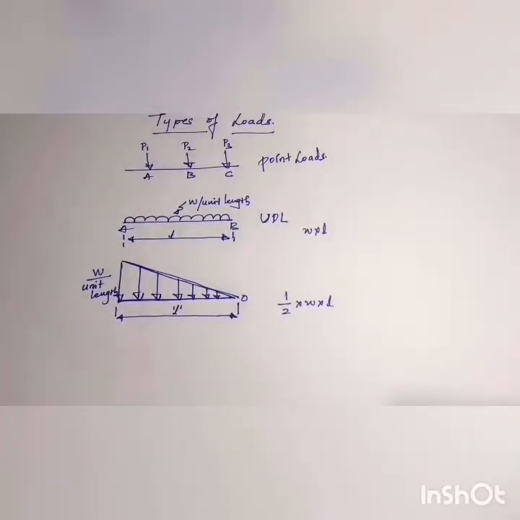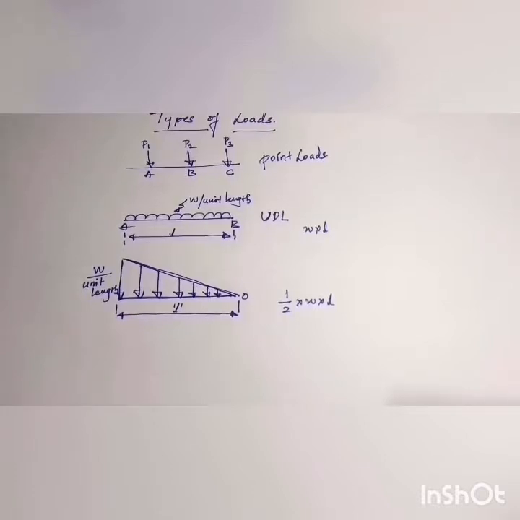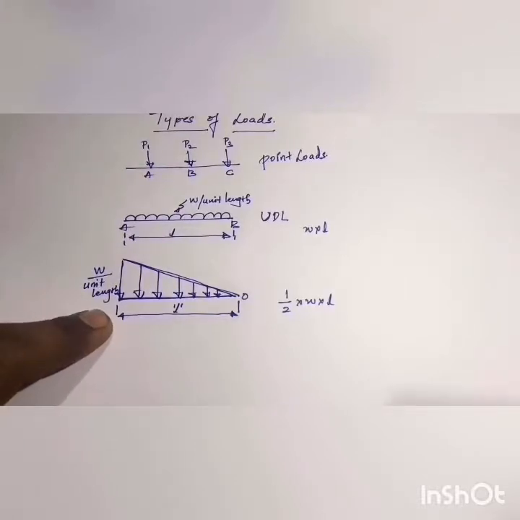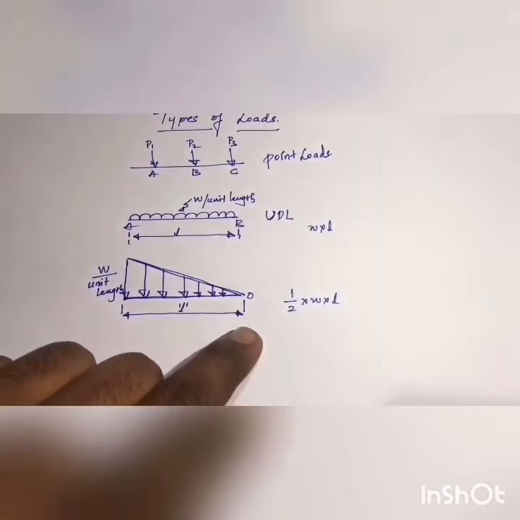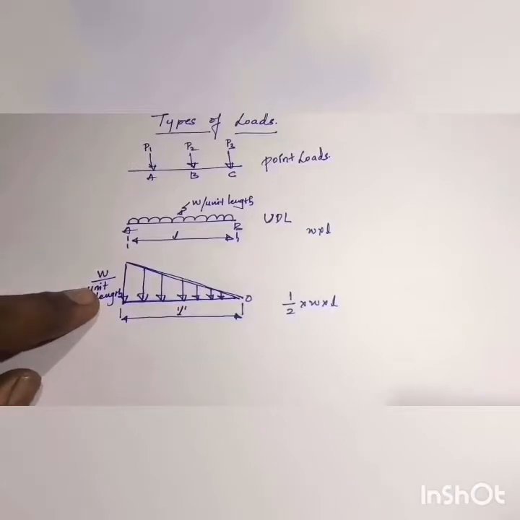Now, the third type of load that we come across is called uniformly varying load. Consider figure 3. We have a beam of length L and it is subjected to a uniformly varying load which varies from 0 at one end to W per unit length at the other end.